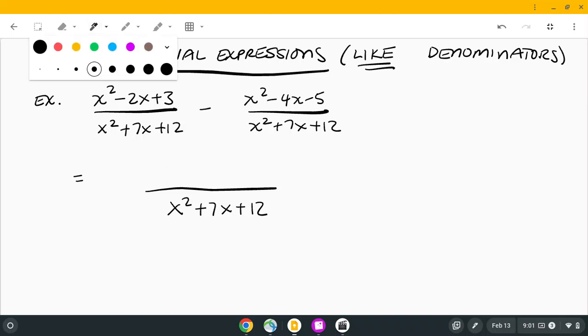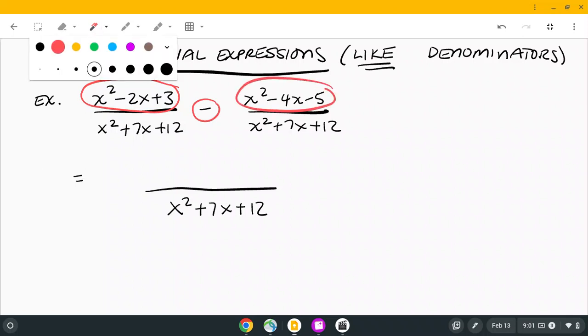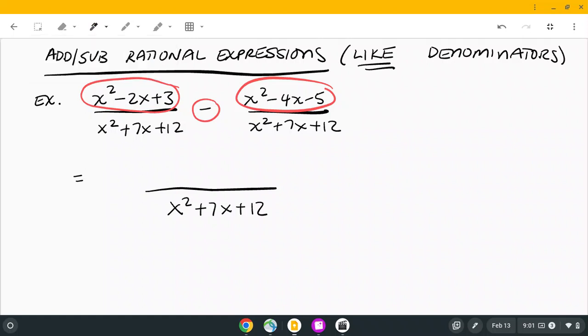So now you're going to go ahead and take this polynomial over here, and you're going to subtract this polynomial over here. Okay, so you just combine the like terms, but just be careful when it's subtraction because you're doing x squared minus x squared.